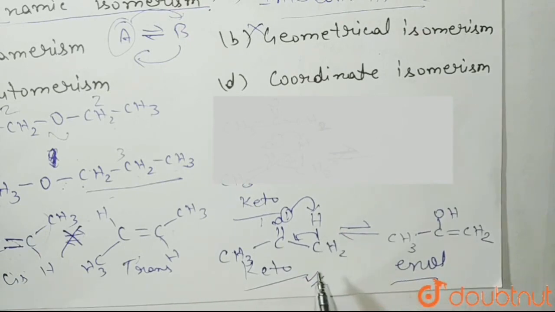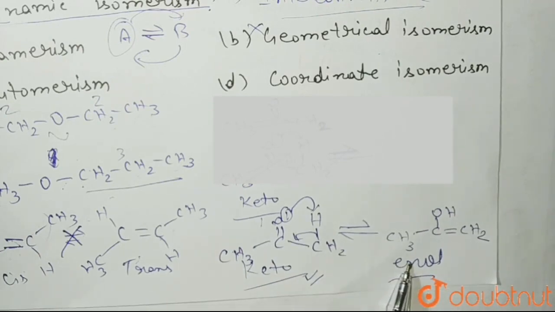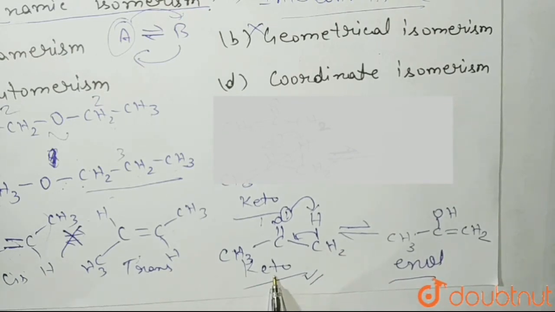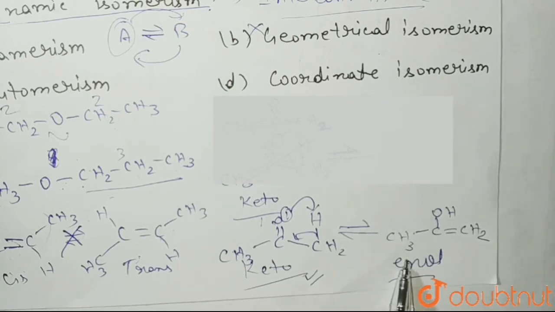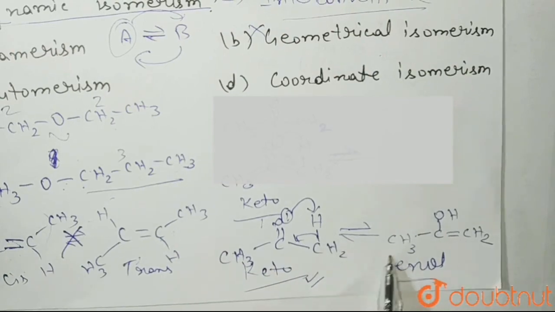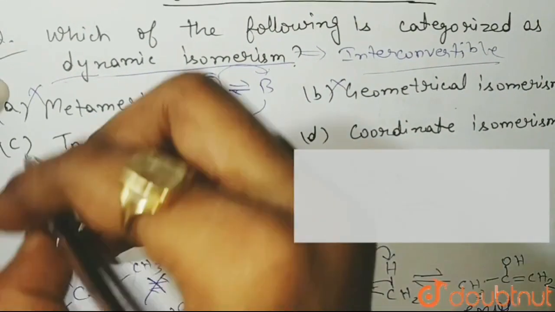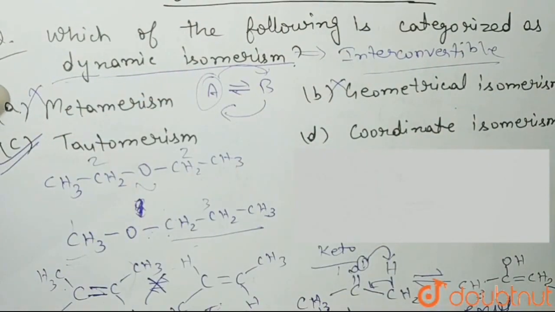So this represents the dynamic equilibrium between them. Keto and enol forms can exist together, but because keto is more stable, it is present in a higher percentage in comparison to enol. Because there is a dynamic equilibrium and these two are interconvertible into each other, your option C, tautomerism, is the right answer.